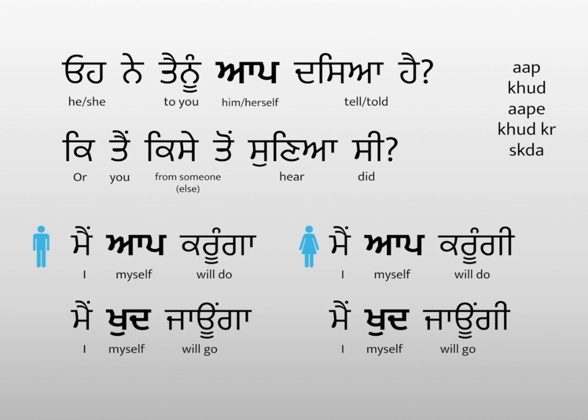I myself will go rather than sending somebody else. This does not mean I'll go alone. If you want to say that, you would say main kalla jaunga or main kalli jaungi. That means I will go alone, I'll go by myself. Main khud jaunga or main aap jaunga means I myself will go rather than sending another person in my place.